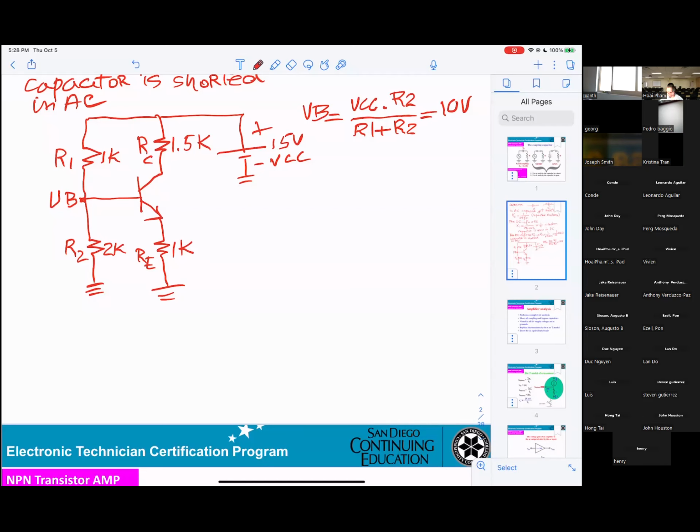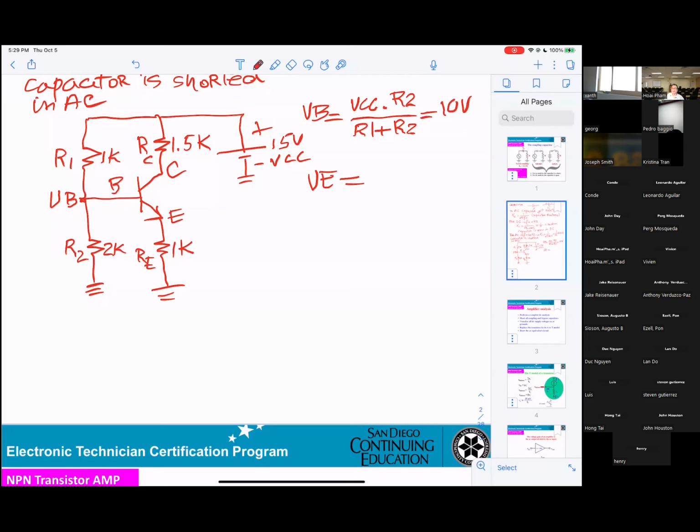After you get the VB, they want to know VE. You understand this is B, this will be E, this will be C. Collector, emitter, and the base.